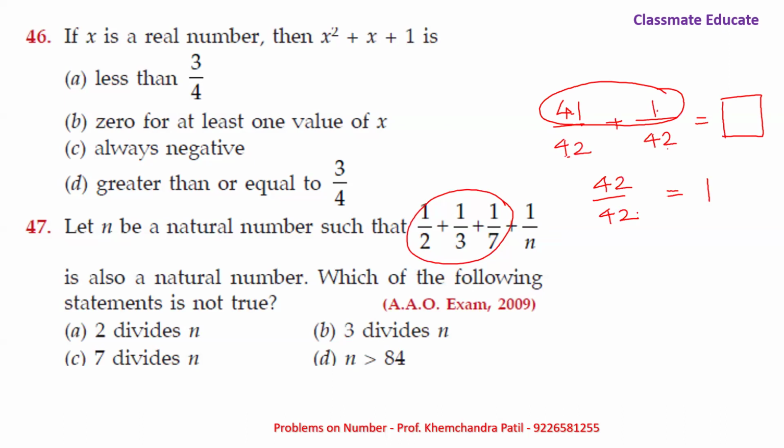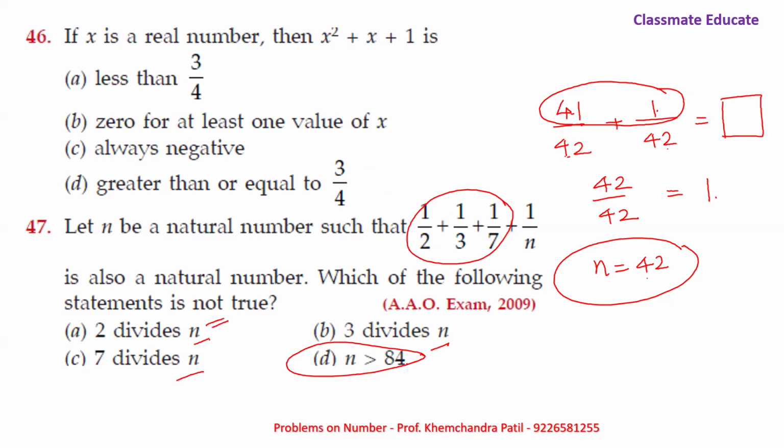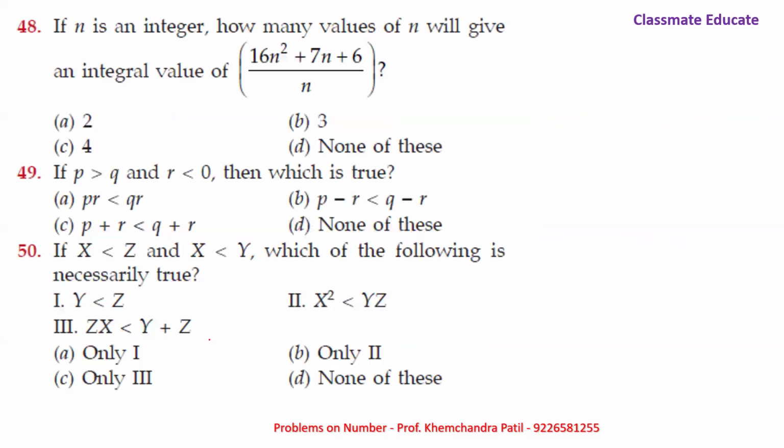This is 1, and 1 is a natural number. सो n का वैल्यू 42 होगा. n का वैल्यू 42 मींस n इज डिविजिबल बाय 2. यस. n इज डिविजिबल बाय 3. यस. 7 डिवाइड्स n. यस. बट n इज नॉट ग्रेटर देन 84. दिस हैज टू बी योर आंसर, बिकॉज यहाँ पे नेगेटिव क्वेश्चन पूछा है माय डियर फ्रेंड्स. यस. नाउ नेक्स्ट क्वेश्चंस.